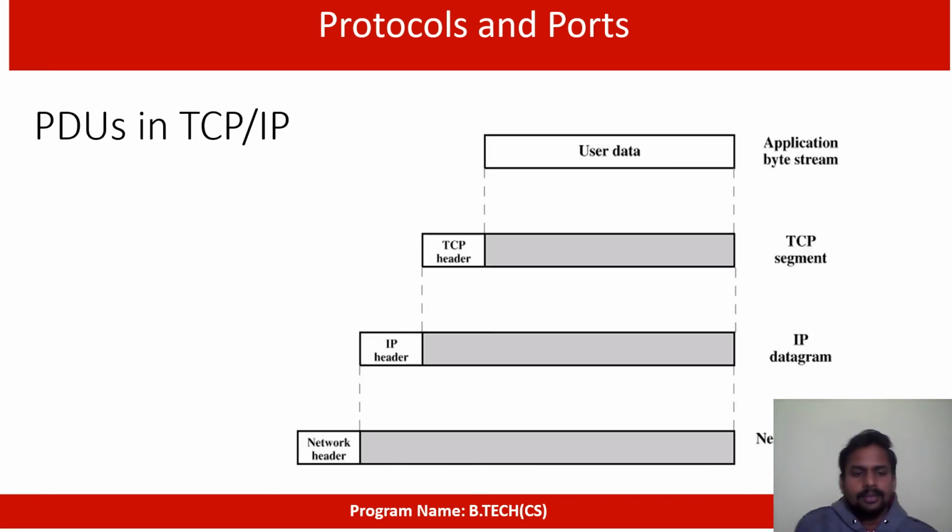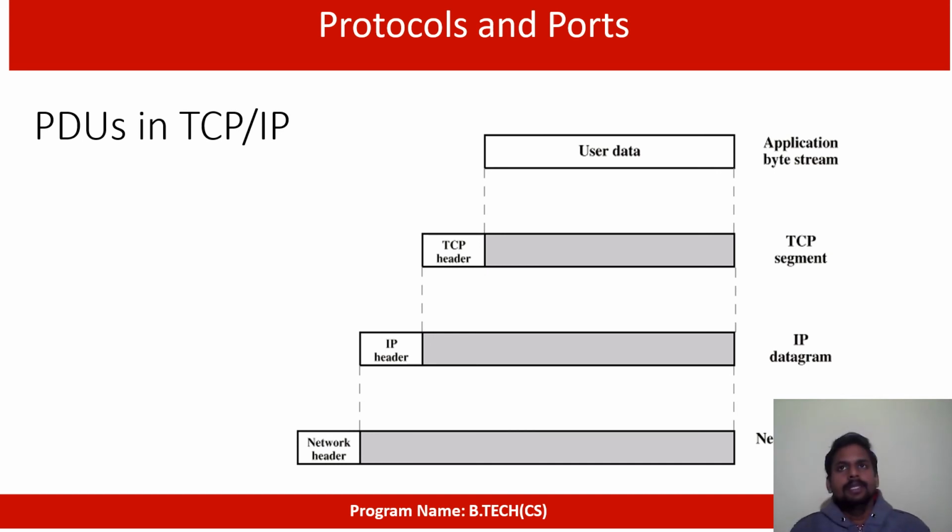The next one is PDUs in TCP/IP. That means the protocol data units in TCP/IP. A protocol data unit is a packet only, but based on the layer it moves through, it adds some extra information along with it.